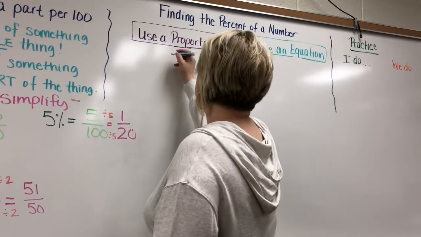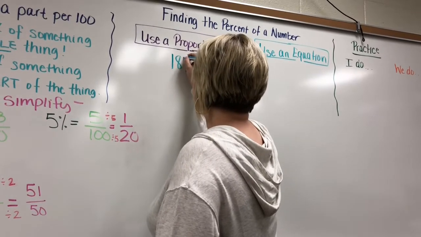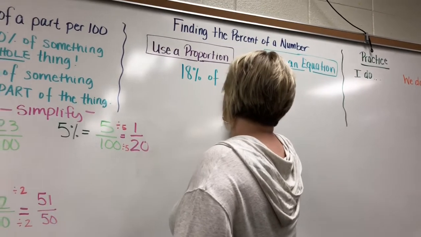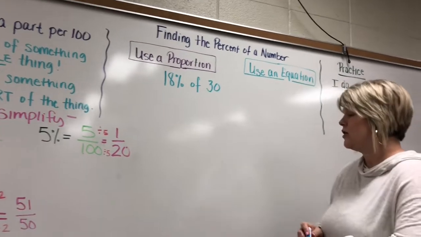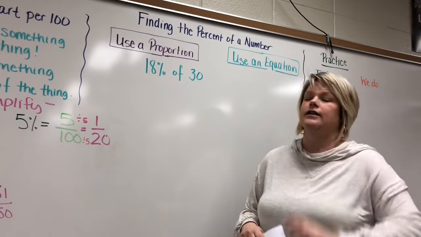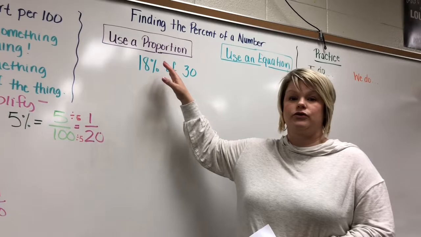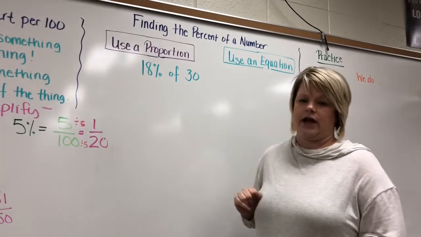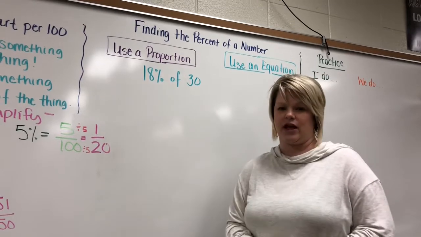Let's take 18% of 30, okay? So first of all, put this into real life. Let's say that you go out to eat, and your bill's $30, and you're gonna tip 18%.